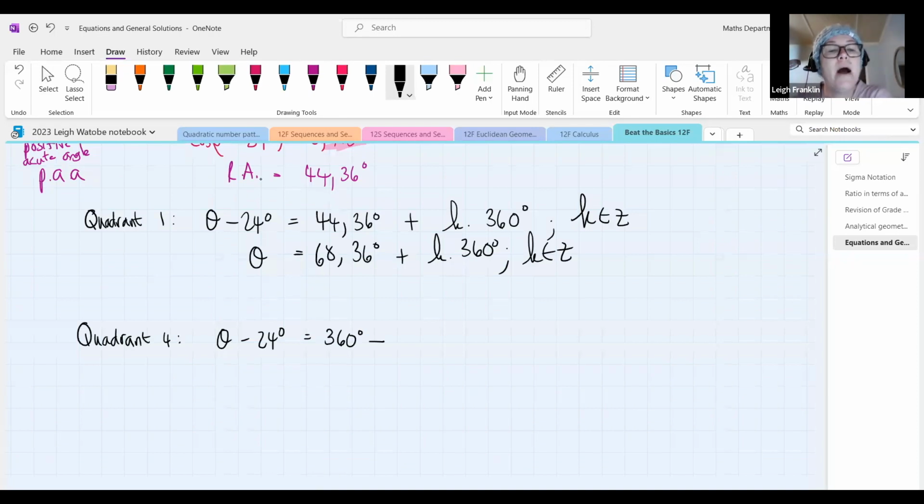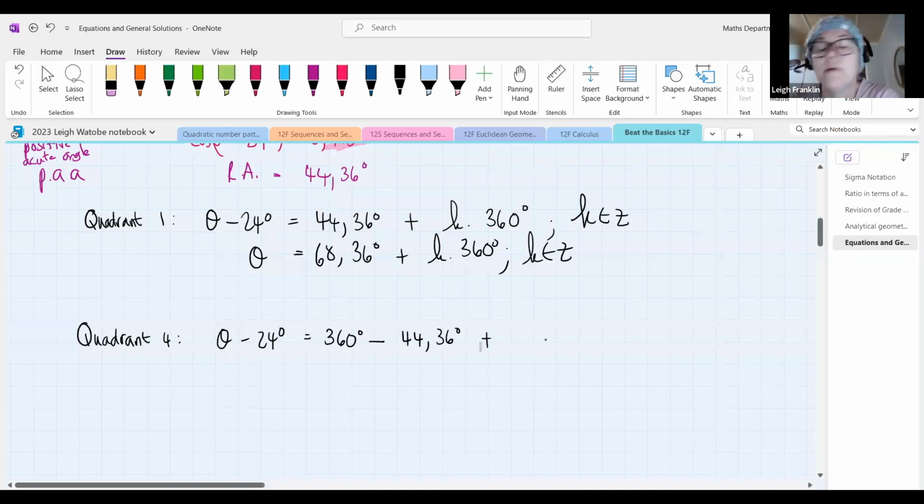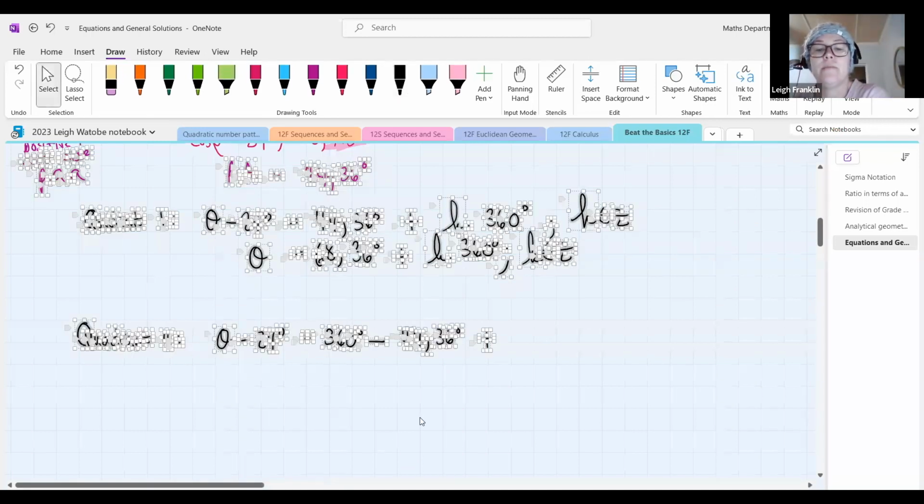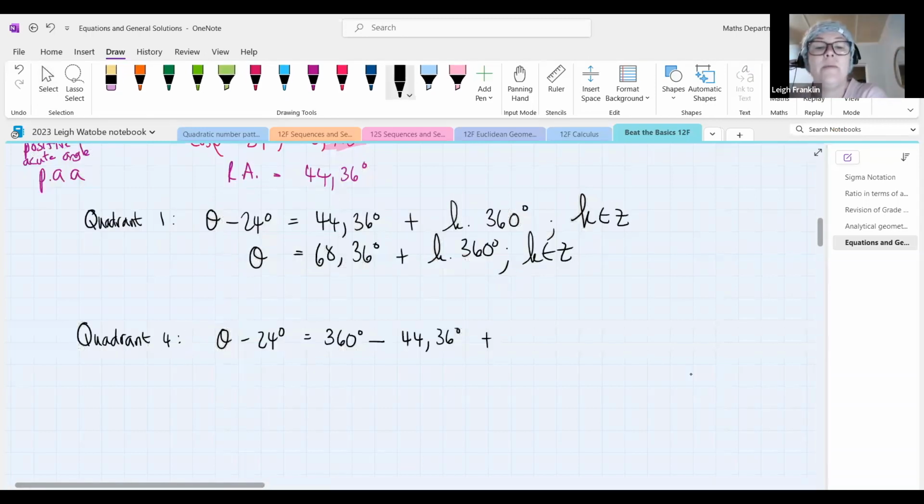Our angle is theta minus 24, and it is equal to, in the fourth quadrant, our reduction formula is 360 minus our PAA or RA of 44,36 plus, sorry, move that out the way, plus K times 360. K is an element of the integers.